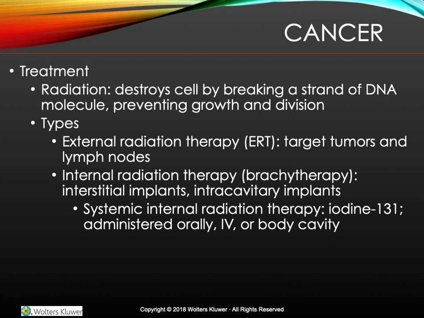With your external radiation, that's targeted to specific tumors and lymph nodes. You may see a client have X marks the spot areas on their chest or on their abdomen, and that's a tumor specific area where that X-ray is going to be targeted to attack the cancer cells in that area.